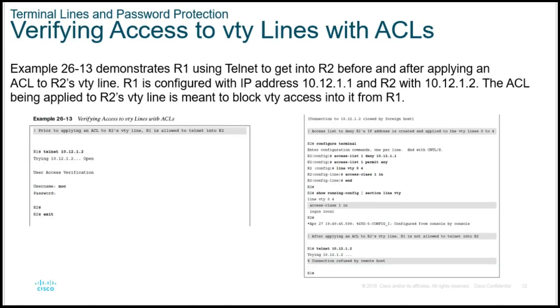The example here is we create an access list. This is a numbered access list, and we deny one particular IP and permit all other IPs. And then this access list is applied to the line VTY in the inbound direction.